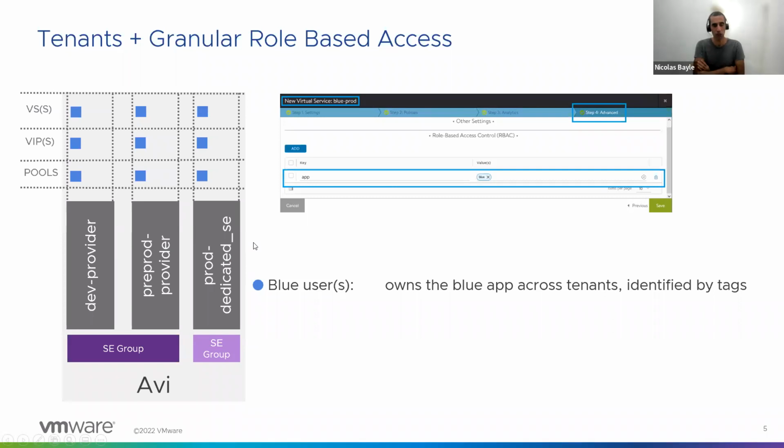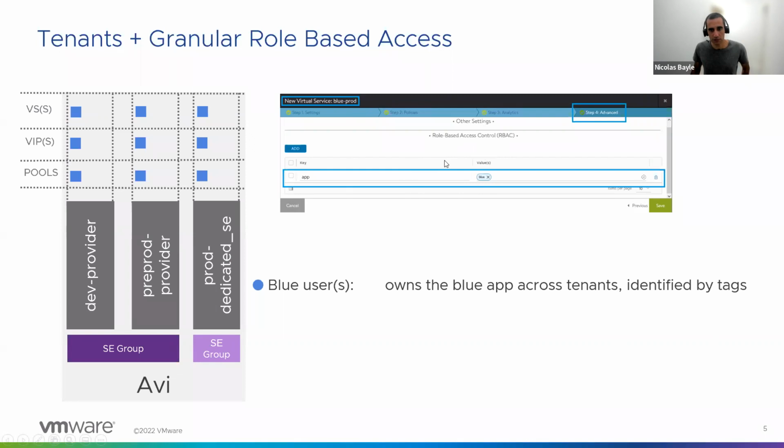And all of a sudden, I have this need. My blue application team is saying to me, I want to make sure we can see all the blue applications. So those objects are defined across tenants. And what we are providing here is a way of doing granular role-based access control. Because on each blue object, as you can see here, we have a role-based access control option.